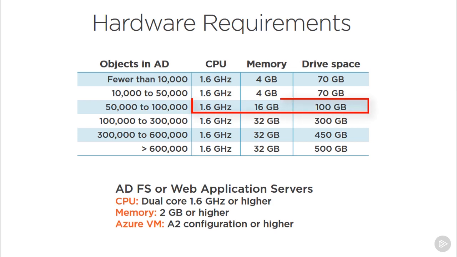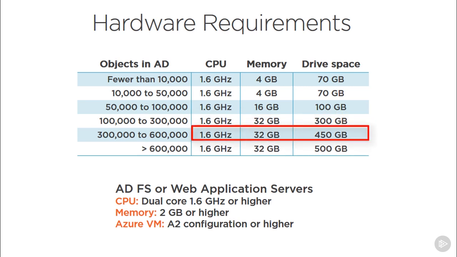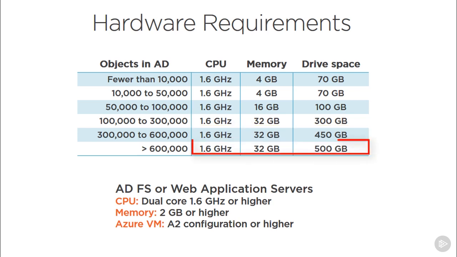50,000 to 100,000 objects: 16 gigs of RAM now and 100 gigs of drive space. You get over 100,000 to 300,000, 32 gigs with 300 gigabytes of space. Between 300,000 and 600,000, again 32 gigs, but now we need 450 gigs of space, and then anything greater than 600,000, you're going to stay with the 32 gigs and then 500 gigabytes of drive space.